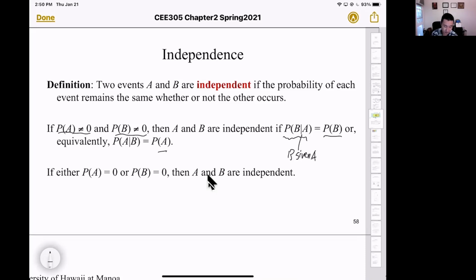So the conditional probability is equal to the probability itself. If either P(A) or P(B) is equal to 0, then they are also independent.